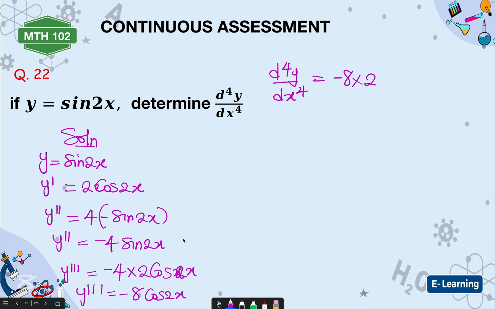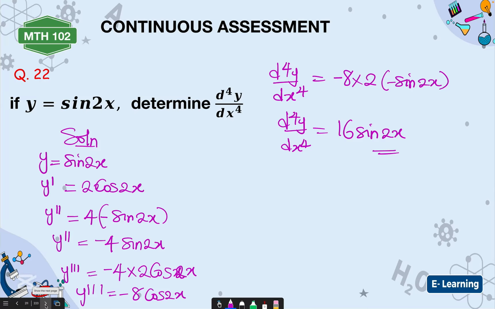Then differentiate cos will give us minus sine 2x again. Minus times minus will give us plus. So this whole thing is going to give us 16 sine 2x. And that will be the answer to that question.